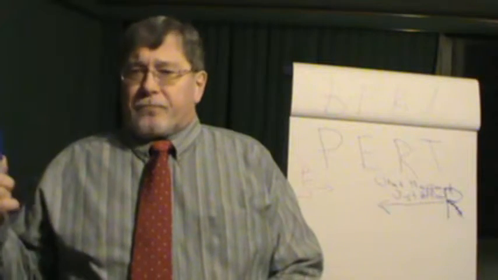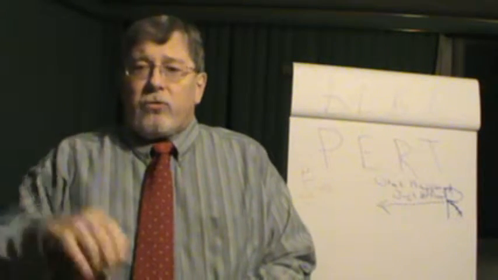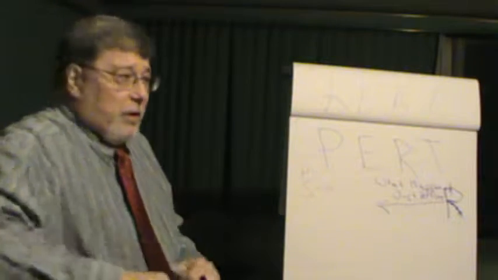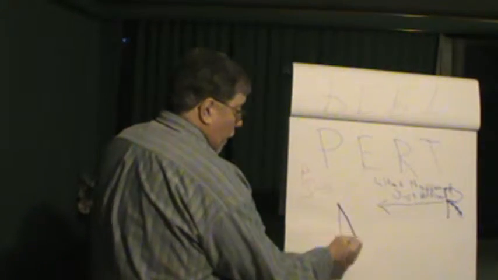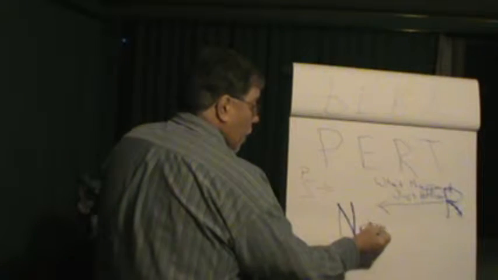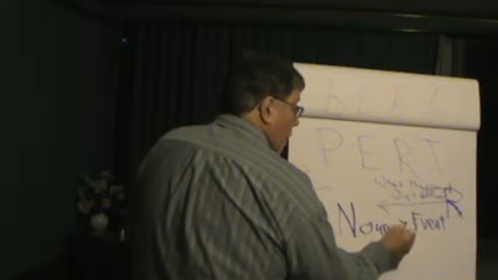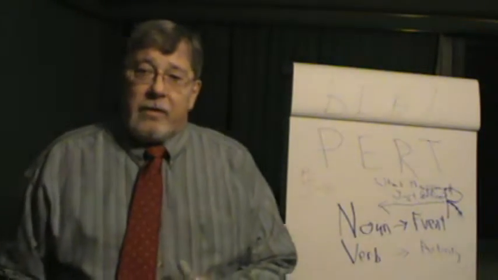You've got basically two variables. One is always a noun, or an event, and the other one is always a verb, or an activity, that occurs because of the event.